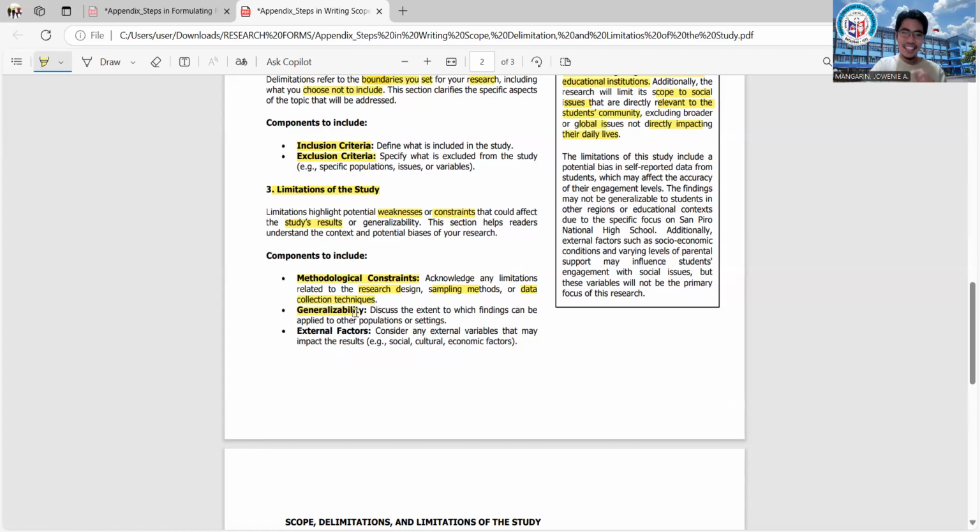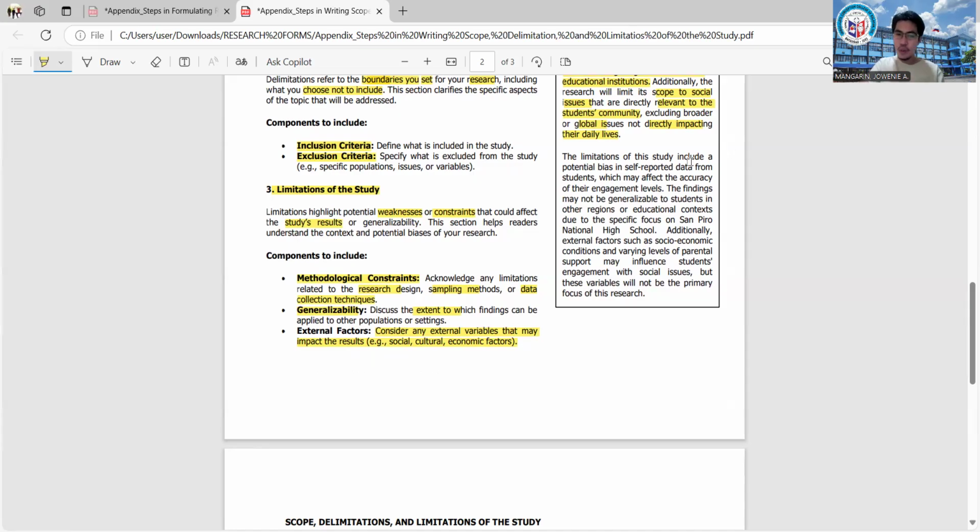Sorry for that. Generalizability, no? Ng ating paper. Ano yung mga extent lang ng ating findings. And yung mga external factors, such as variables that are connected in our paper that might cause weakness on the present study. Okay, so tingnan natin yung sample dito.